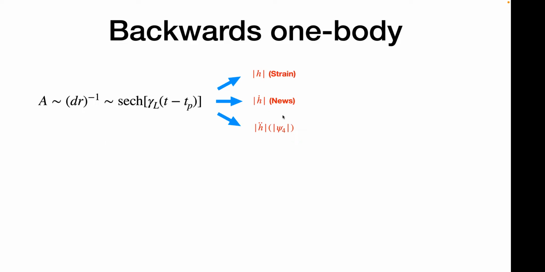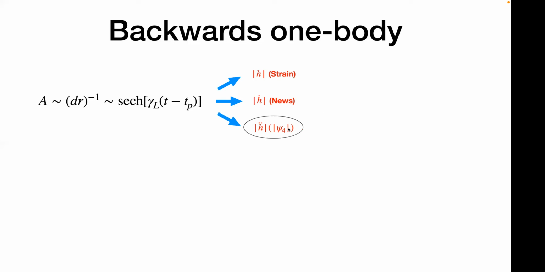After some numerical experiments, McWilliams found that Psi4 agreed the best. So we end up with this relation. Namely, the amplitude of the Psi4 is given by this function across the late inspiral, merger and Ringdown.